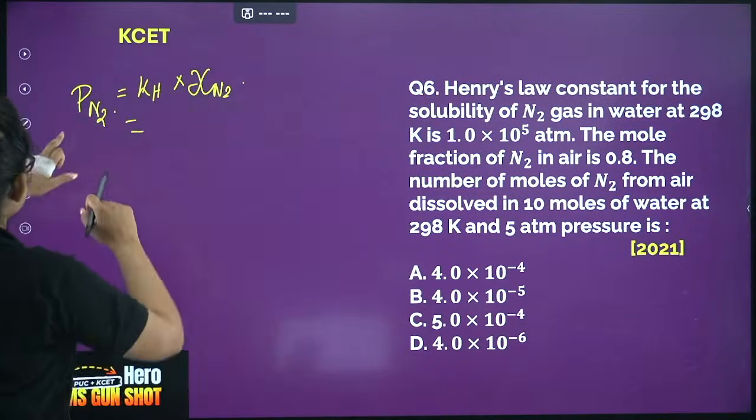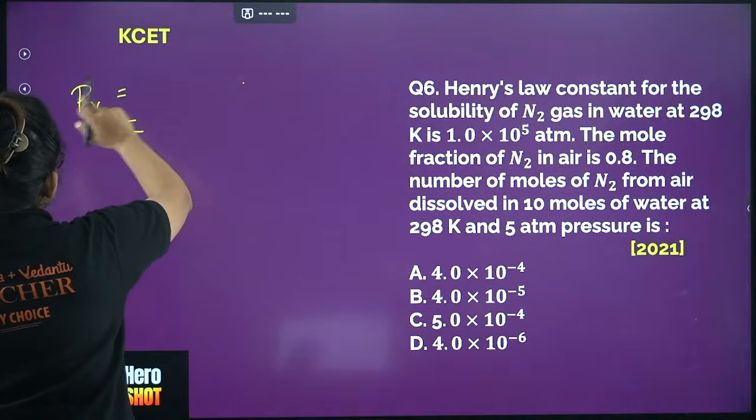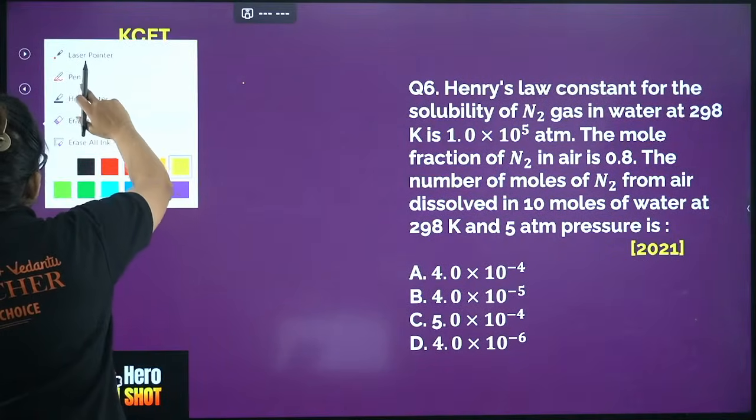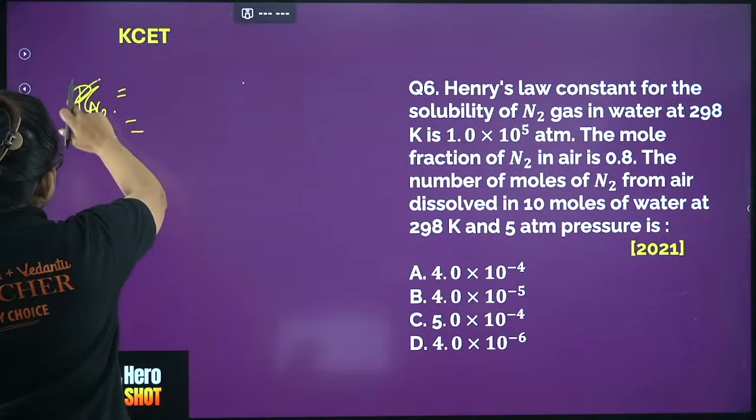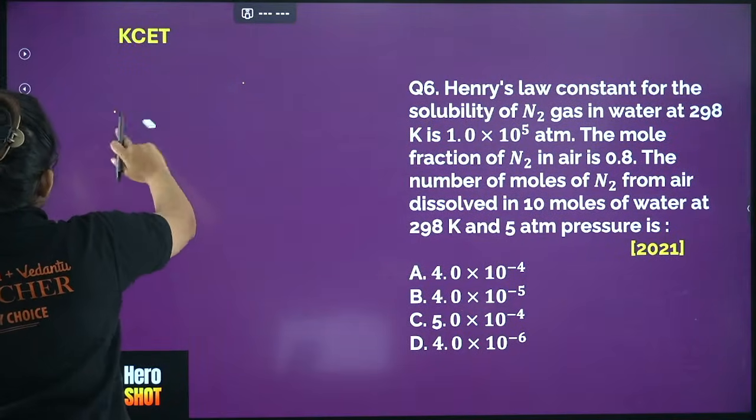Okay, from the partial pressure we can do it. We can calculate the partial pressure of N2 at first, then we can put it into Henry's equation, right?